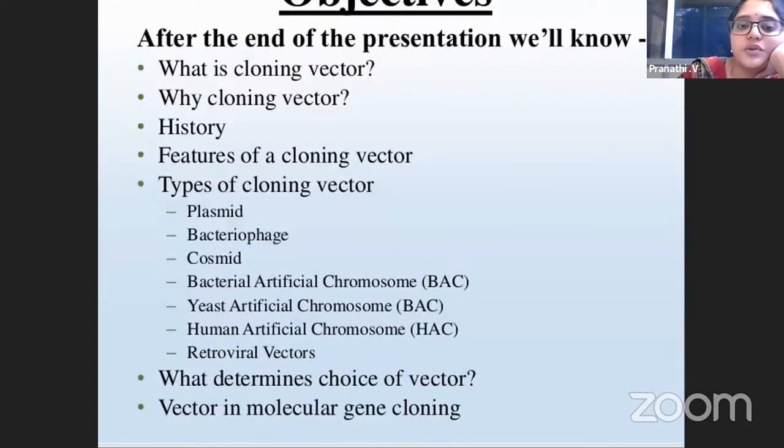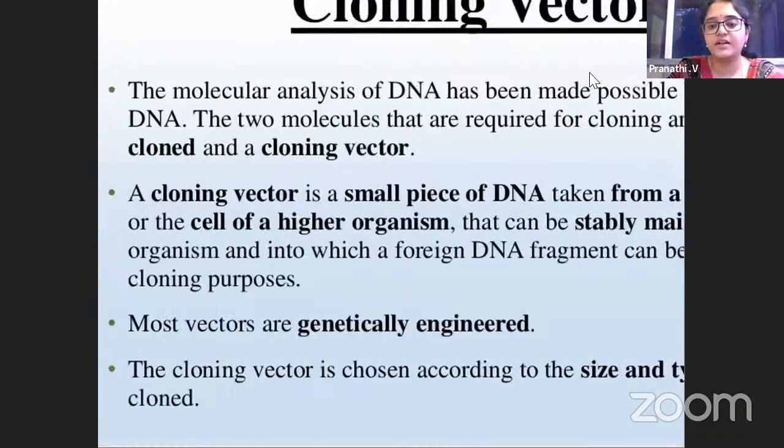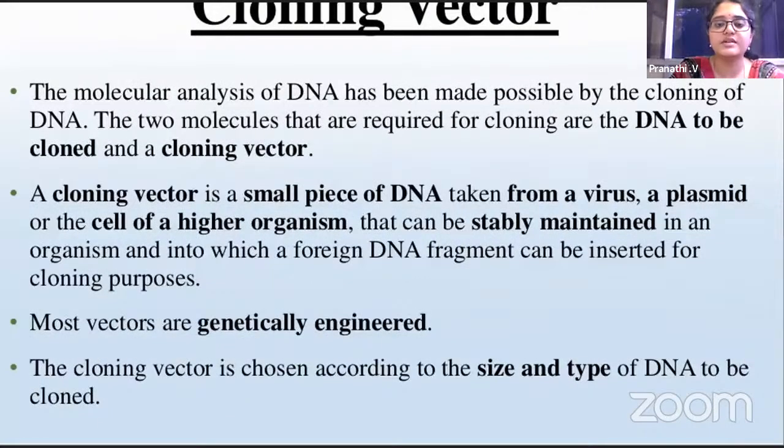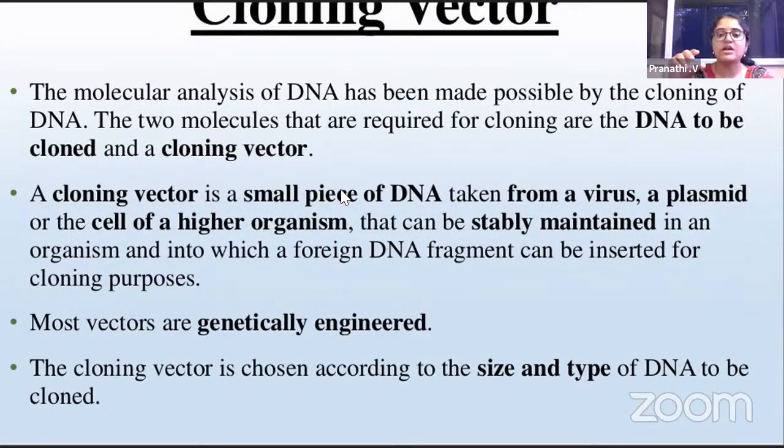So there are different kinds of cloning vectors, especially for DNA. A cloning vector is a small piece of DNA taken either from a plasmid or virus, and it is able to maintain its structure.